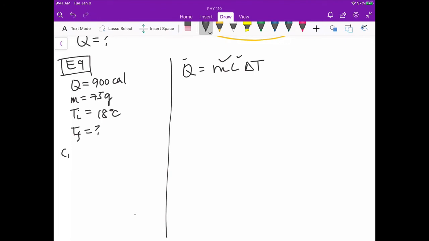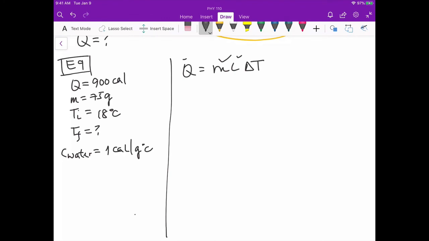Because C of water is a standard coefficient that you will be given, even during exams. I don't think many professors will expect you to remember those values, maybe for a few, like water, or some metallic materials such as aluminum. Otherwise, not. Then here we are looking for TF, the final temperature of the water.